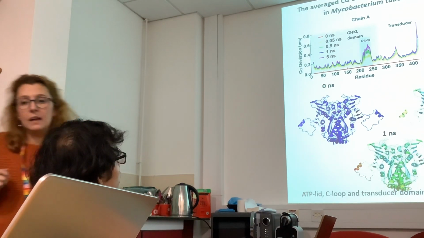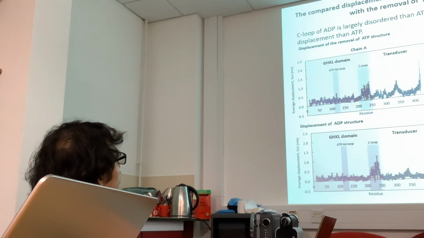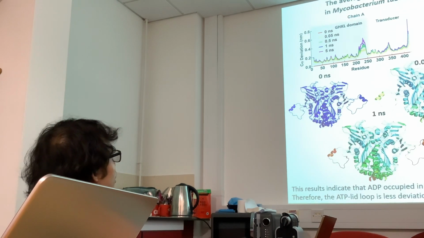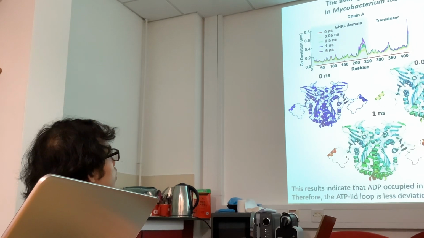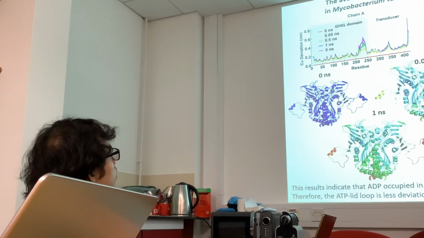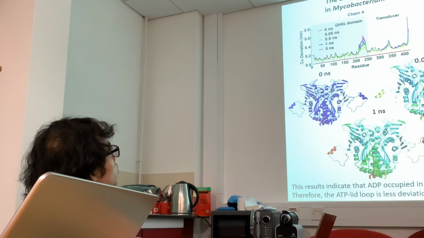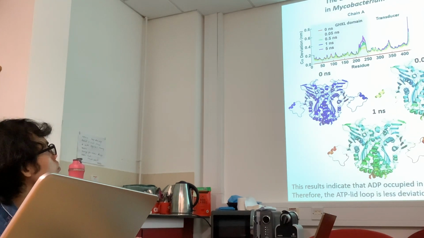And the removal of the gamma phosphate. This is the removal of the gamma phosphate. Very big. That's interesting because it seems like there are more asymmetries in the response. I'm not even considering the C loop. Even the transducer behavior is quite different.